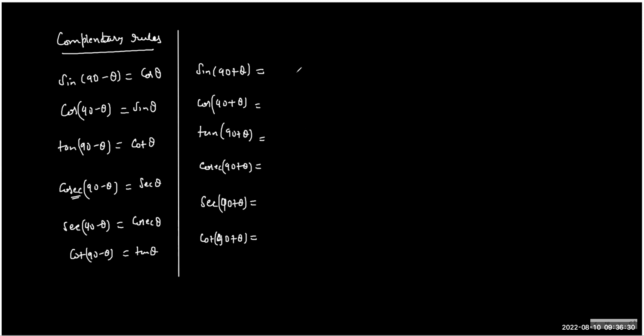Now you can just write the answer the way you wrote earlier. So just write the answer: cos, sine, cot, sec, cosec, and tan. But you have to now remember the rule. 90 plus theta refers to which quadrant?